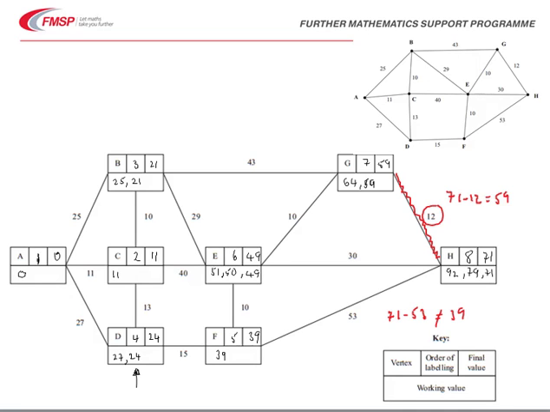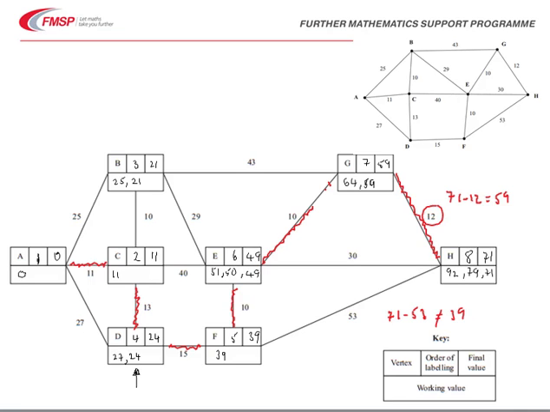So continuing in that fashion, we find that the path comes down from G to E, and then F along to D, up here to C, and finally finishes off from A to C. So in each case, the difference between the final values is equal to the weight of the arc.